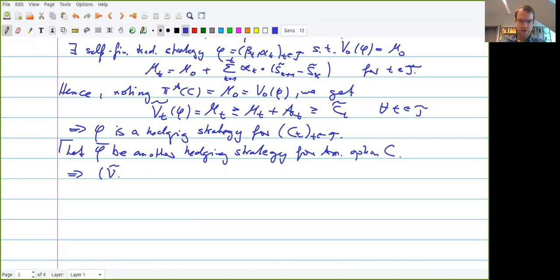So if we consider the discounted value process with respect to phi bar here, what we know is it's a Q martingale.